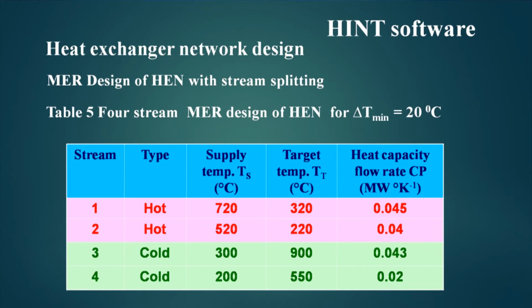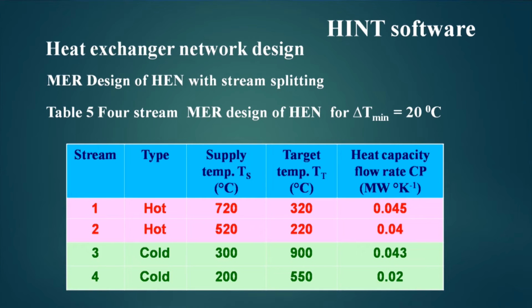For this, we will take a stream table which is given here with 2 hot streams, hot 1 going from 720 to 320, hot 2 from 250 to 220, and cold 1 from 300 to 900, and cold 2 from 200 to 550. So, this data we will take here with delta T minimum equal to 20.